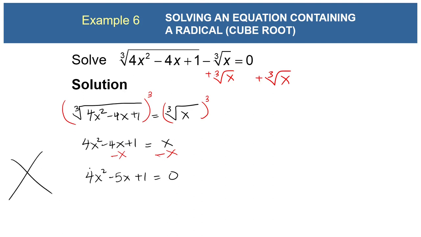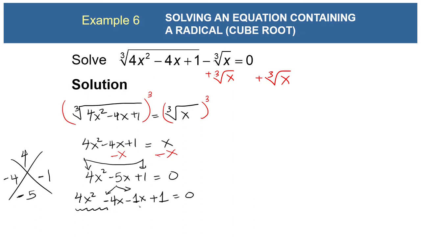Now this is going to use the AC method because we have a leading coefficient. So let's multiply 4 times 1, that's 4. And let's try to factor this if possible. The two numbers that multiply to get 4 but add up to negative 5 are negative 4 and negative 1. And remember, since we have a leading coefficient, I better make sure I split the middle as negative 4x and negative 1x.